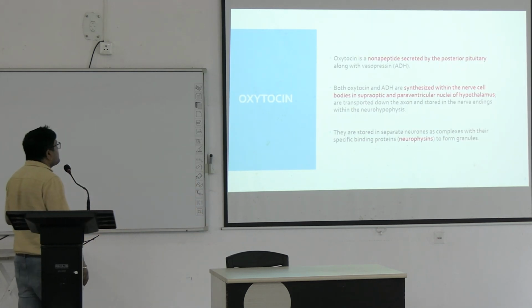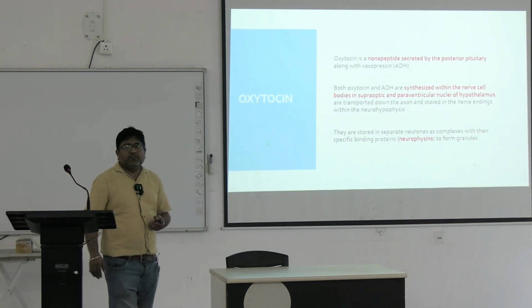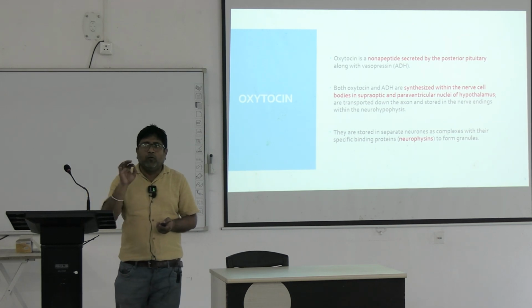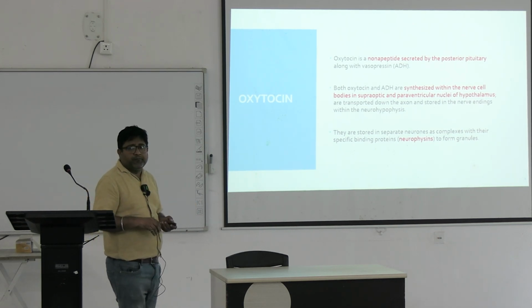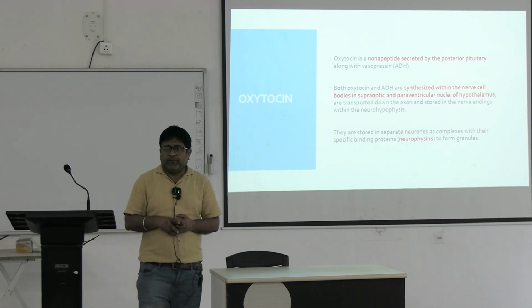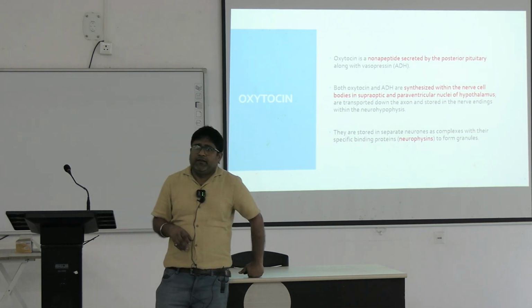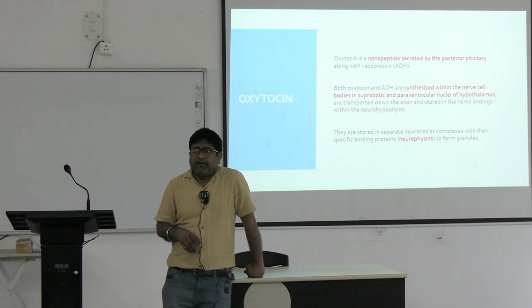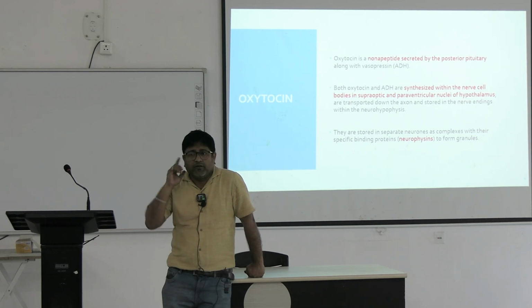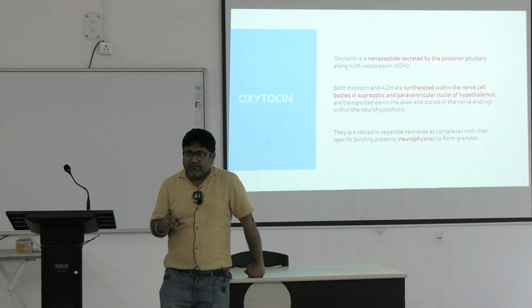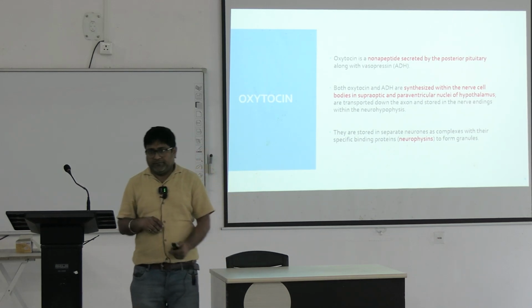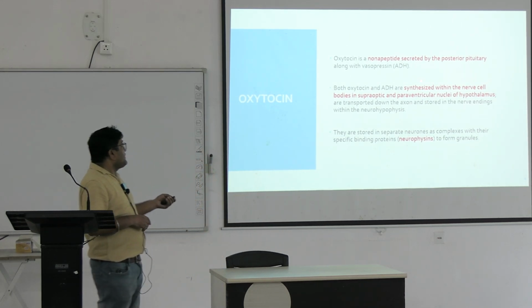So coming to oxytocin. Oxytocin is a peptide hormone. It's a nonapeptide hormone secreted by the posterior pituitary. Where is oxytocin synthesized? It is stored in the posterior pituitary but synthesized in the hypothalamus.